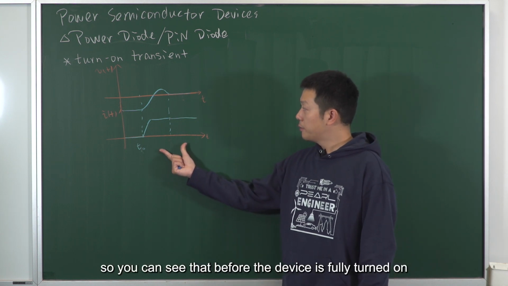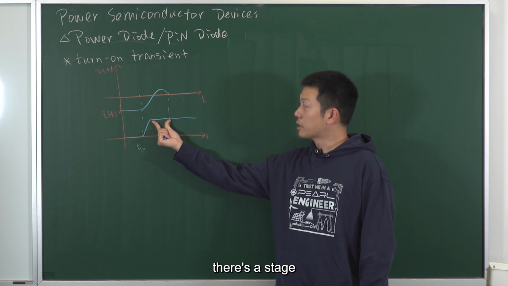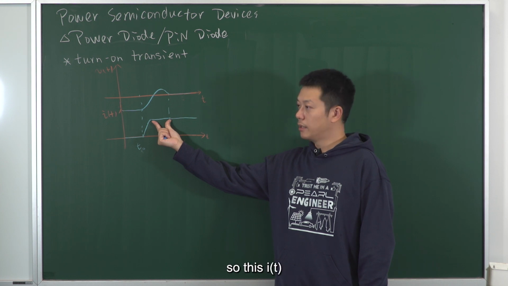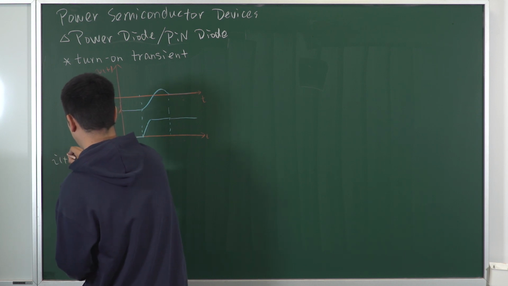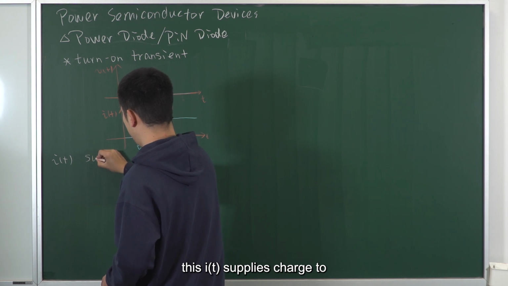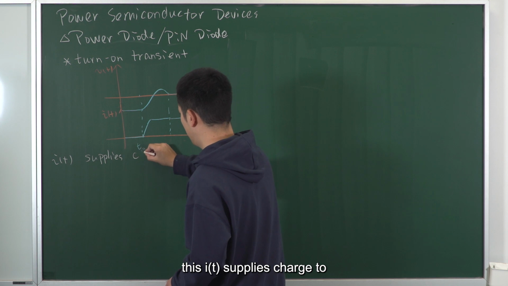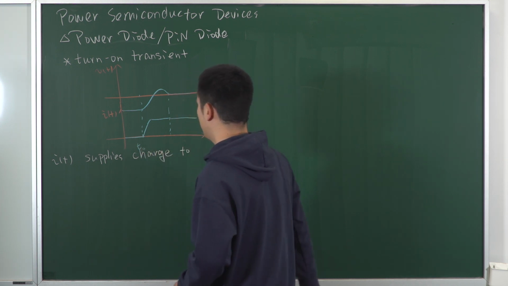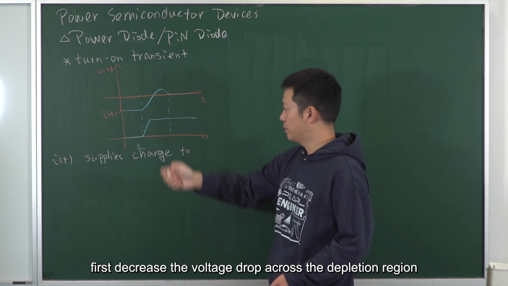So you can see that before the device is fully turned on, there is a stage, right? The I exists. So this IT has its function, right? This IT supplies charge to first decrease the voltage drop across the depletion region.